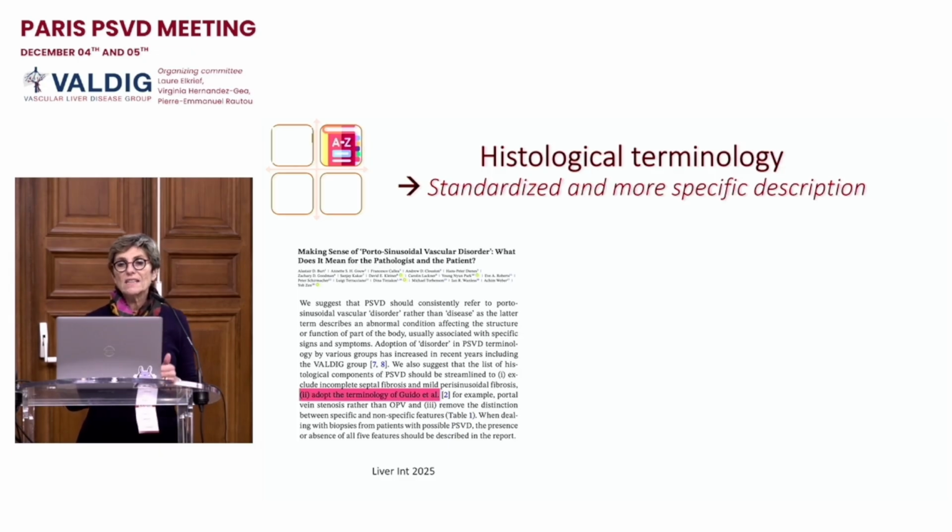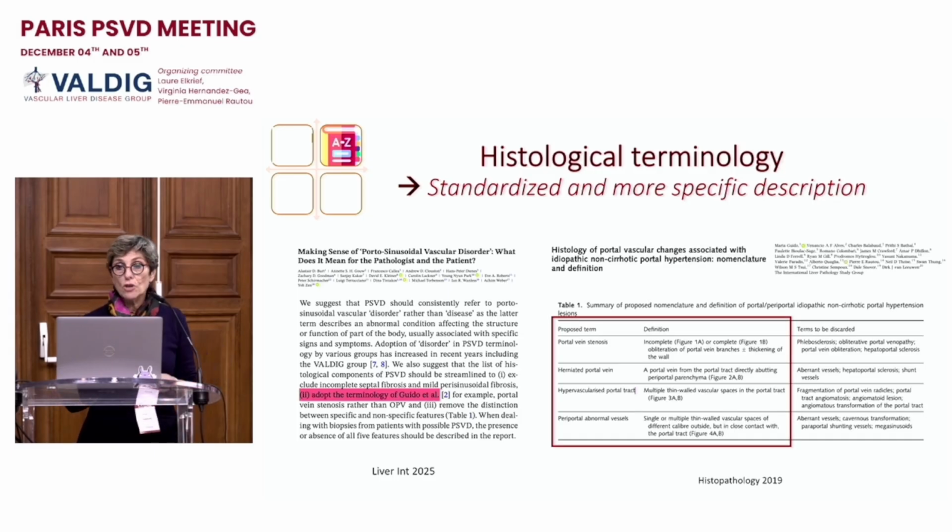First, we need a standardized and more specific description, and they propose to use what another very famous group of liver pathologists published in 2019, proposing the terms that we should all use to indicate the different elementary features we can see in patients with PSVD.